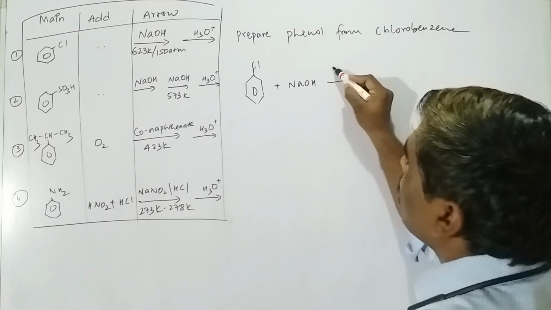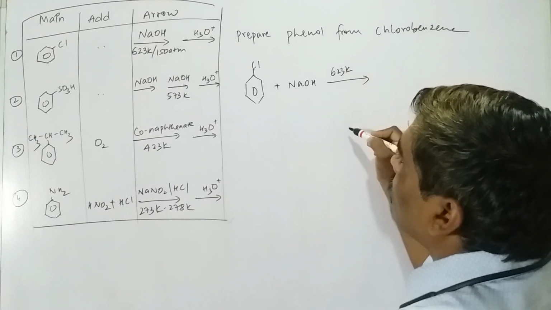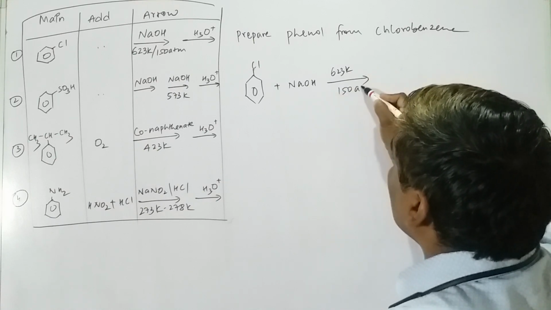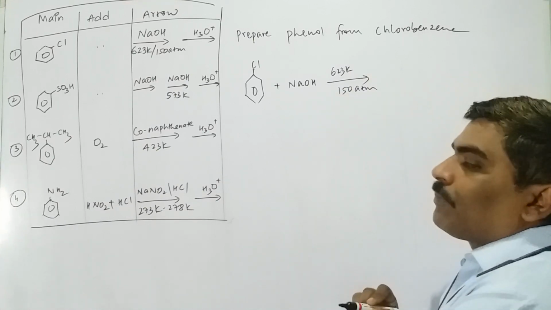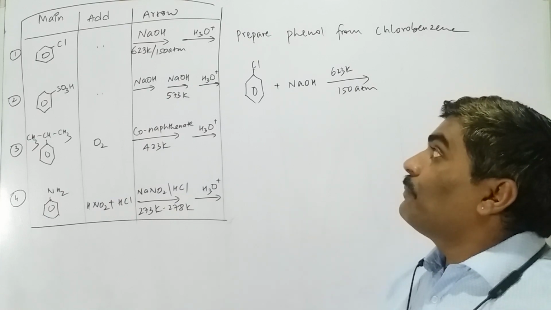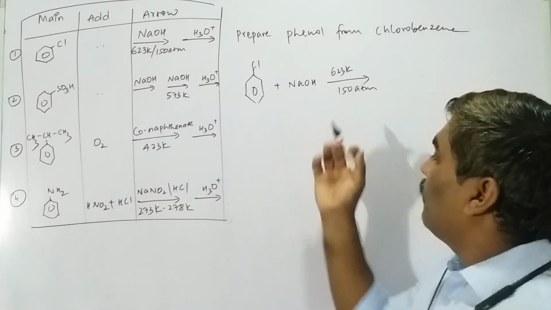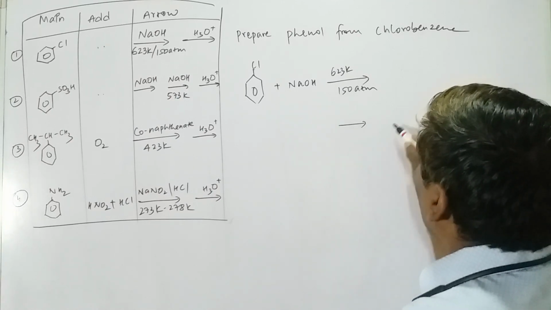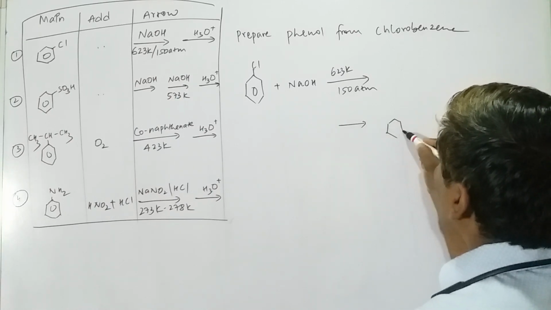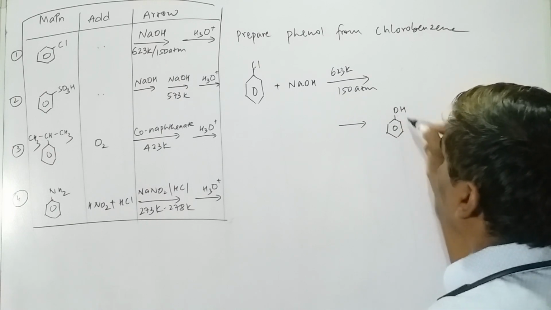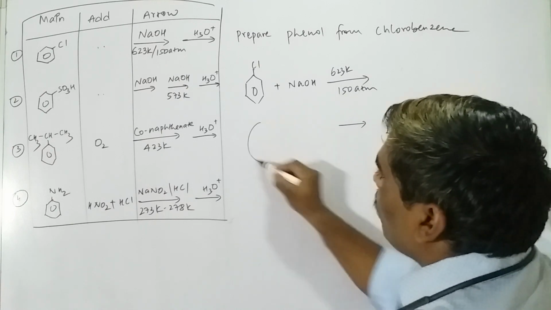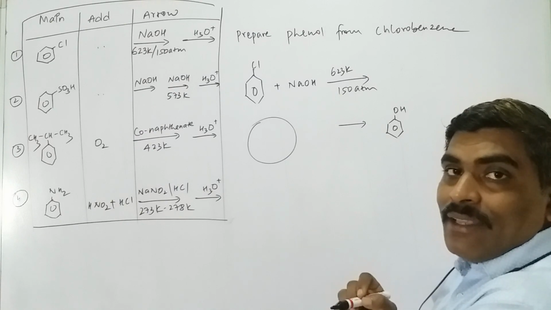and 623 Kelvin and 150 atm. See, two arrows are given, means a two-step process. So one step is this. In the next step, phenol is what you are going to get here. So what will you write in this place?